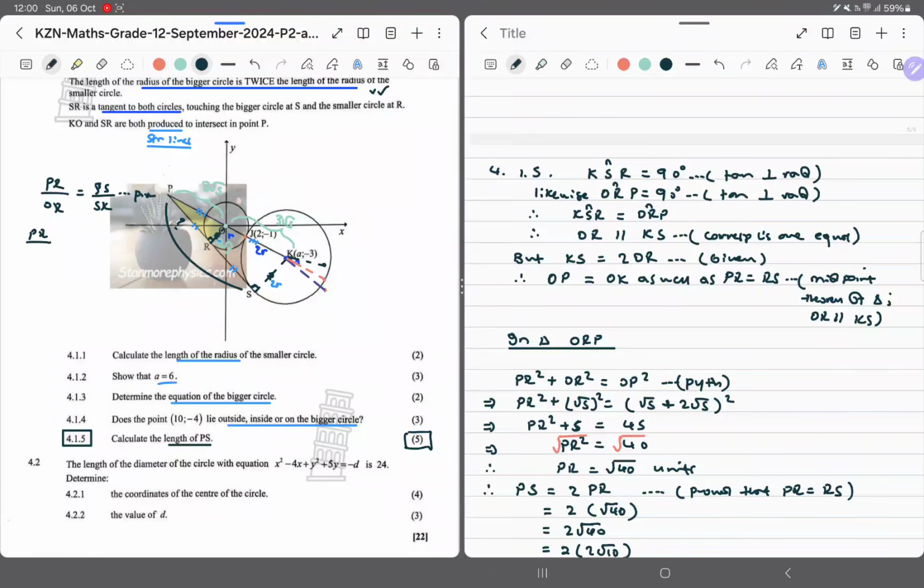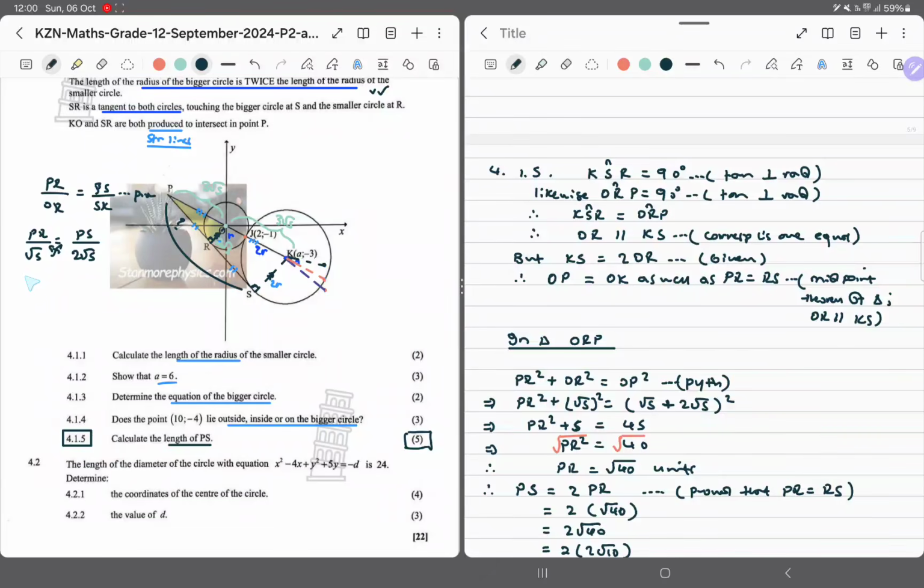PR over OR is root 5 equals PS, we don't know, over now this one is 2 root 5, right? We discovered that. So what does that mean? If we cross multiply here, we'll get essentially PS.